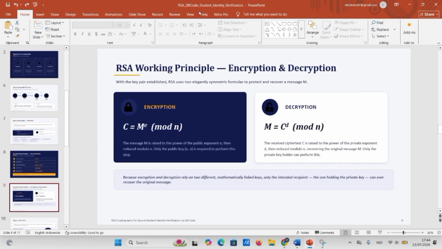With the key pair established, RSA uses two elegantly symmetric formulas to protect and recover the message M. Encryption: C equals M to the power of e modulo N. Decryption: M equals C to the power of D modulo N. Because encryption and decryption rely on two different mathematically linked keys, only the intended recipient, the one holding the private key, can ever recover the original message.